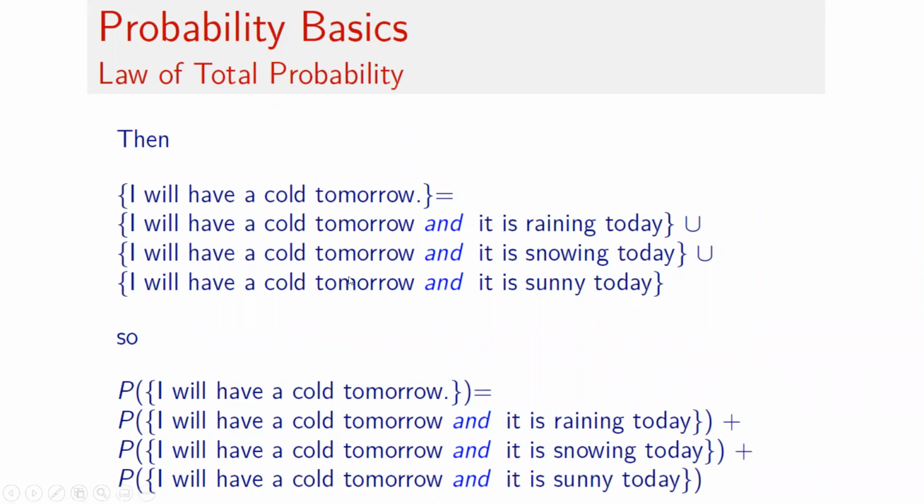So we can say that the probability that I will have a call tomorrow is equal to the probability that I will have a call tomorrow and it is raining today plus the probability that I will have a call tomorrow and it is snowing today plus the probability I will have a call tomorrow and it is sunny today.